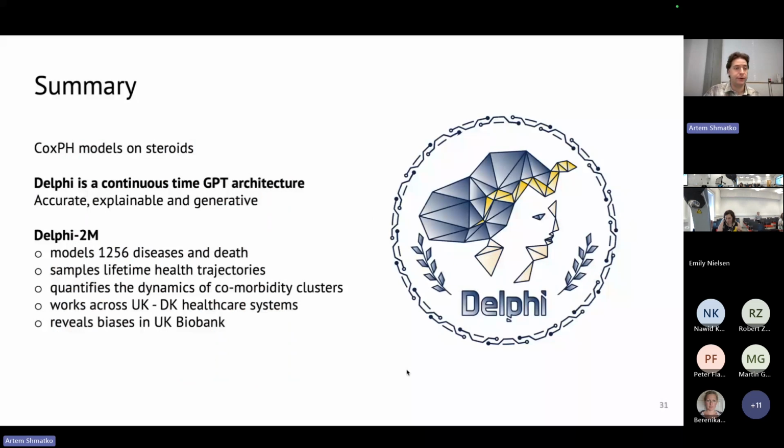As a summary, our Delphi is more or less a Cox proportional hazard model on steroids. Unlike the normal Cox proportional hazard models, it's not tied to a defined disease like hazard ratios, and is able to model multiple diseases at once.